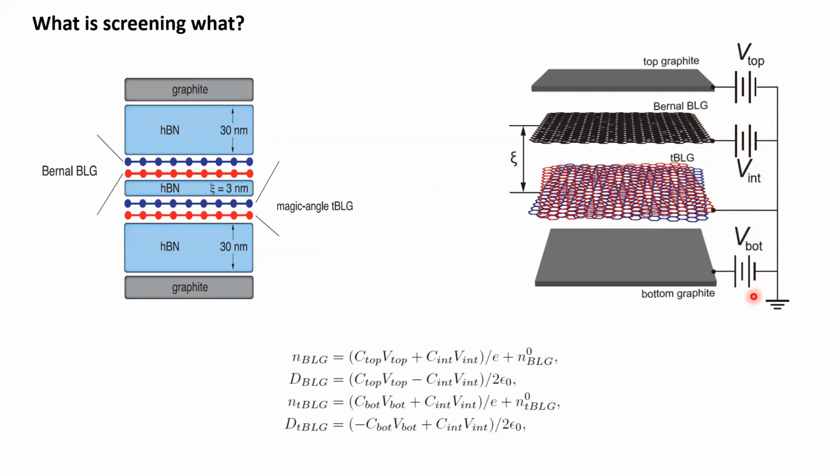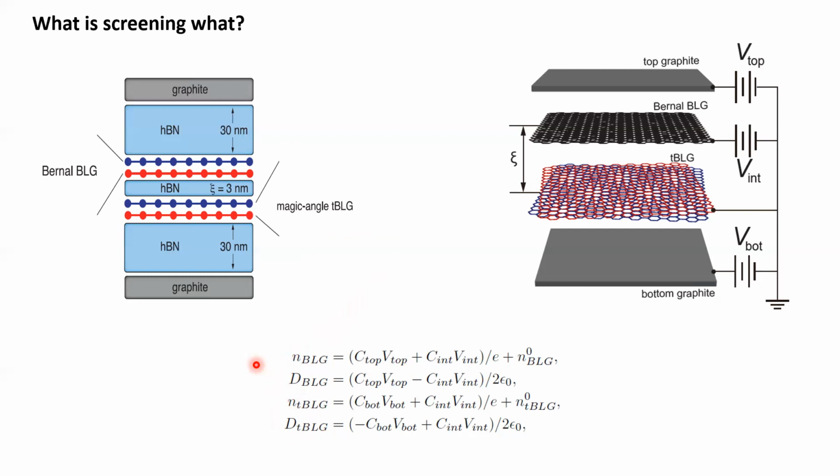With a combination of these three external parameters, they can control four key parameters: the amount of carriers in bilayer graphene, the amount of displacement field in bilayer graphene, and similarly the carriers and displacement field in twisted bilayer graphene. So in this experiment, these are the four controlling parameters.